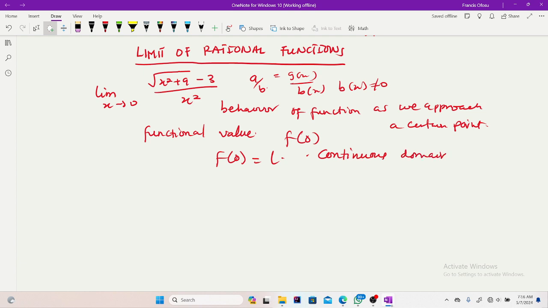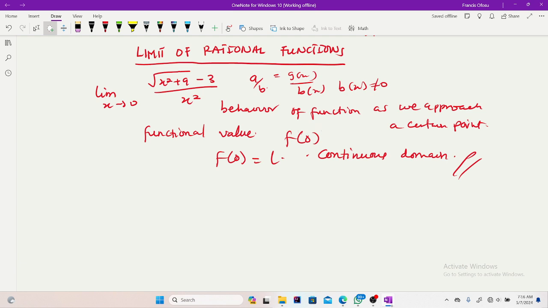Take note: if our function is continuous over a domain, then whenever you find a functional value, you should get the same as the limit. But if it is not continuous, you have to take away any discontinuity so that you can find the limit.